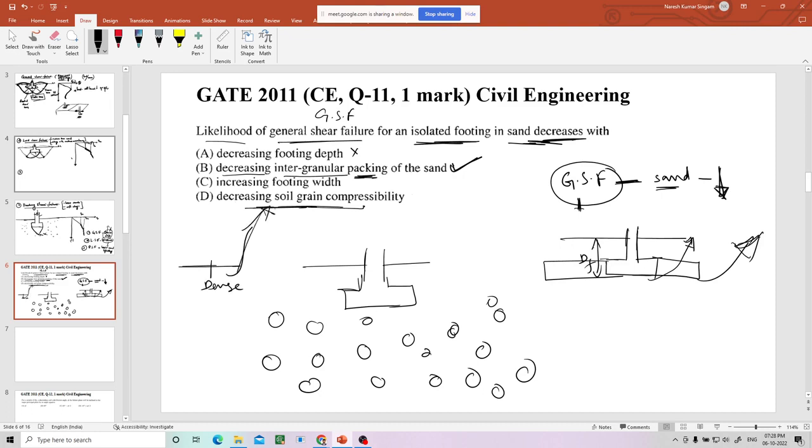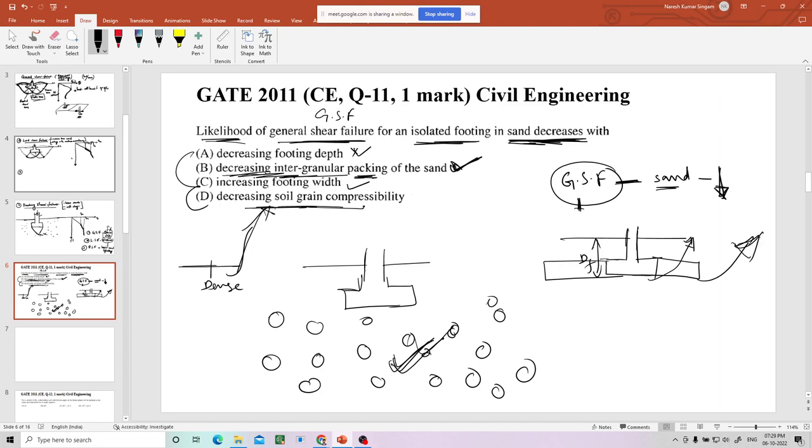When it is dense, general shear failure will happen. When you increase the footing width, when you decrease the footing depth, every time general shear failure will happen. But only when you decrease the intergranular packing, when you loosen the soil, then the likelihood of general shear failure will decrease. So option B is correct.